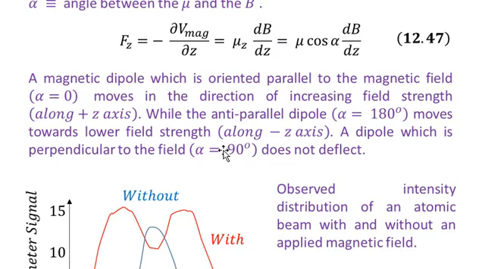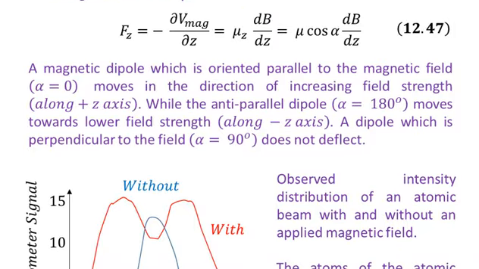So half of them will precess about the positive direction, and half about the negative direction. So since both are present, half of them will be aligned along the positive direction, and half along the negative direction. And those dipoles which are perpendicular to the field, having alpha equal to 90°, will not be deflected.